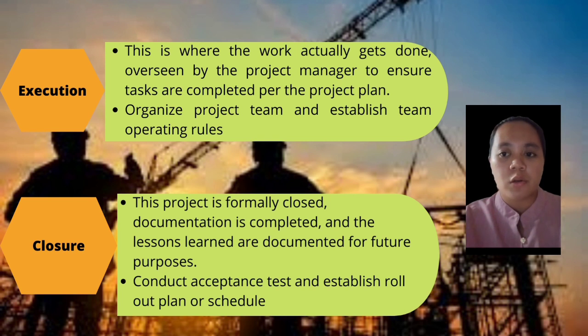Next, closure. The project is formally closed. Documentation is completed, and a lessons learned document is prepared for future purposes. Conduct acceptance tests and establish a role outline or schedule.